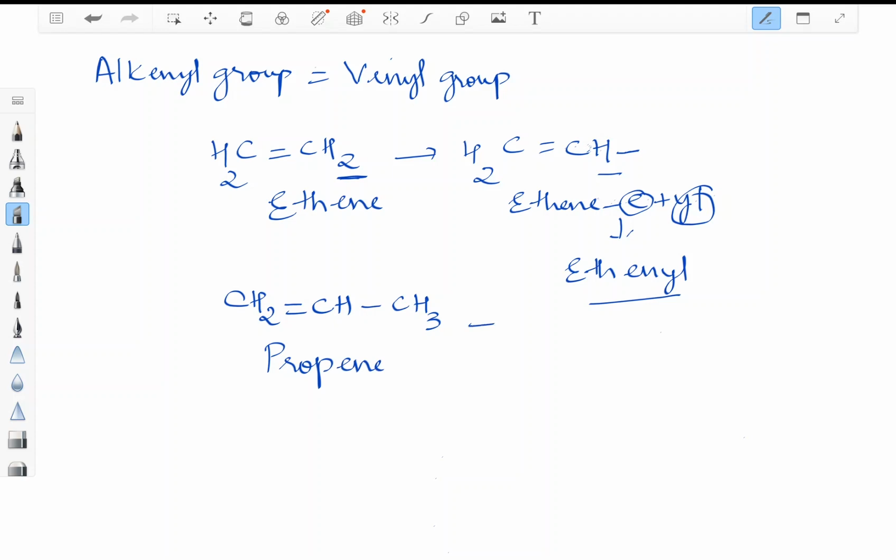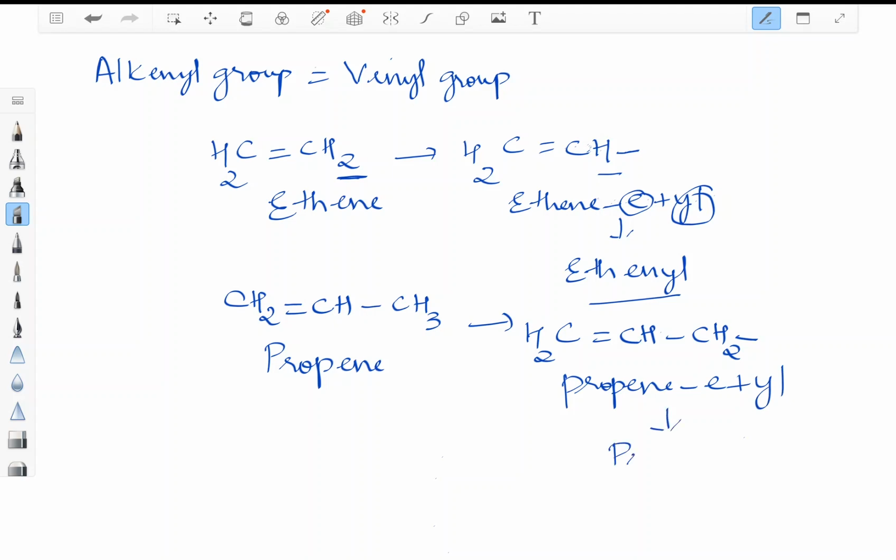From propene, if I get this compound, CH2 double bond CH single bond CH2 with a bond formed due to loss of one hydrogen, this is an alkenyl group. And the name is obtained by removing E and adding YL. So now the name is propenyl.